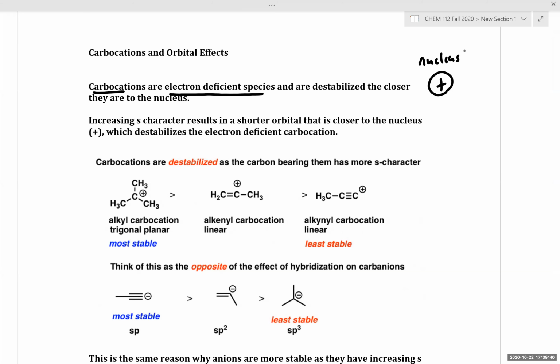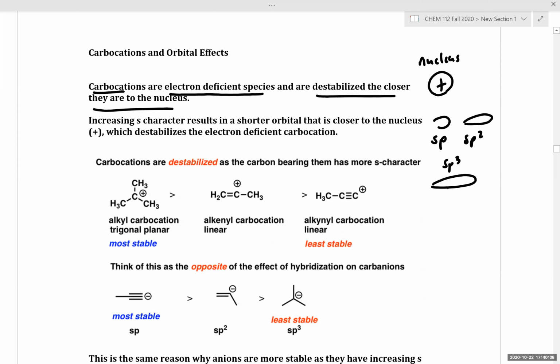Because carbocations are electron deficient species, they are destabilized the closer they are to the nucleus. If we think about orbital effects, we know that our sp orbital is shorter, stubbier, closer to the nucleus. Our sp2 orbital is a little bit longer, while our sp3 is the longest orbital, farthest from the nucleus.